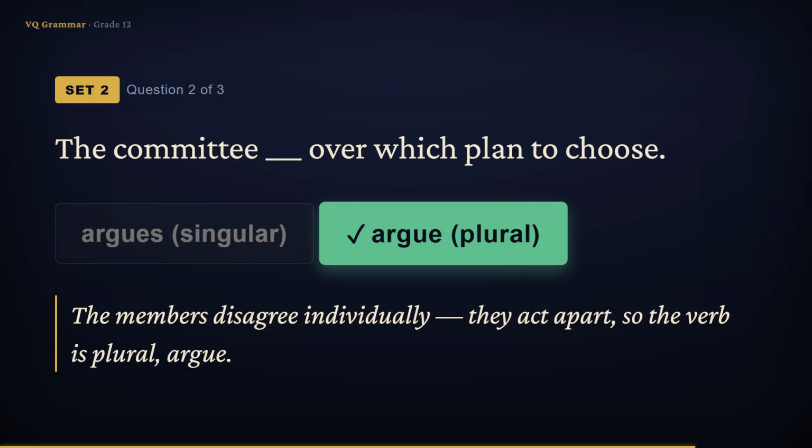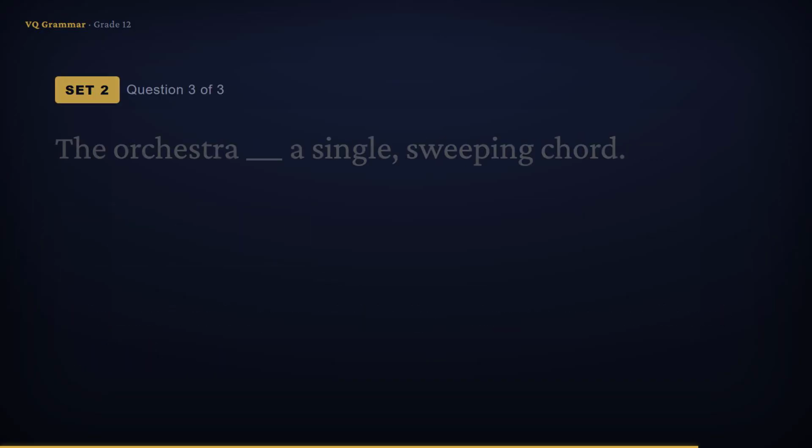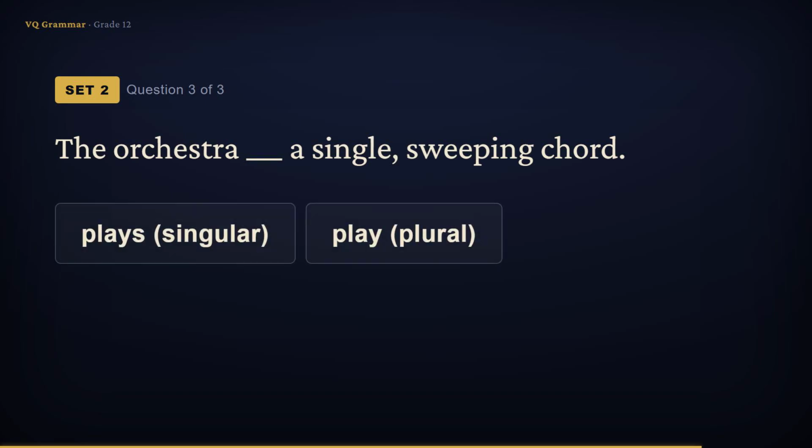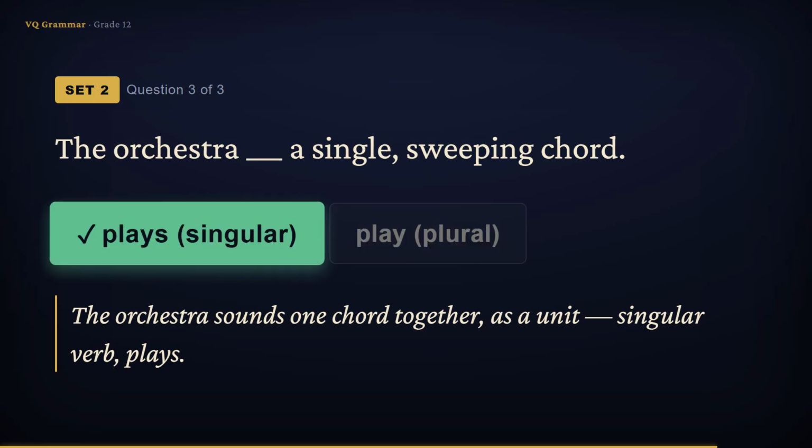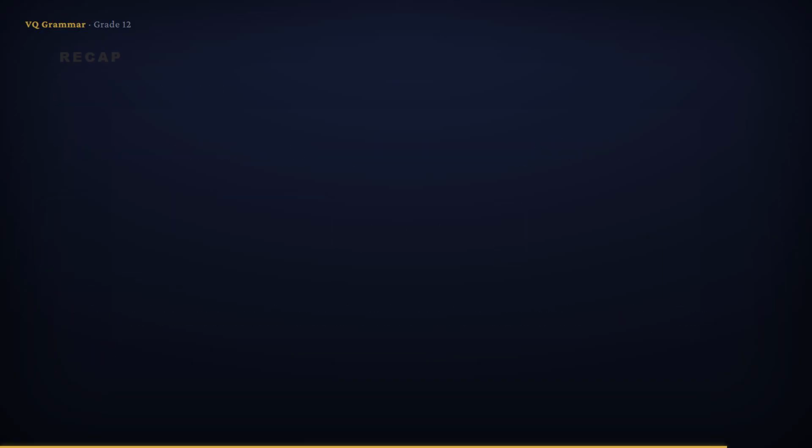The committee argue over the plan. The orchestra blank a single sweeping chord. One chord, sounded together. That's the whole group acting as a single unit. So we use a singular verb, plays. The orchestra plays a single chord.